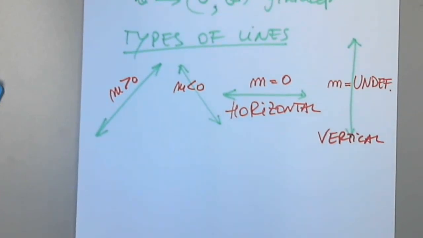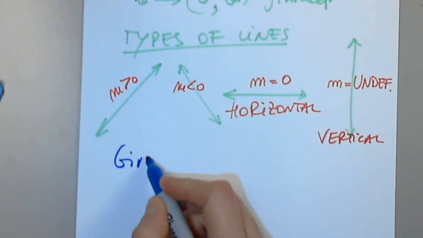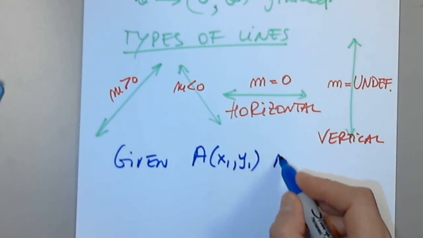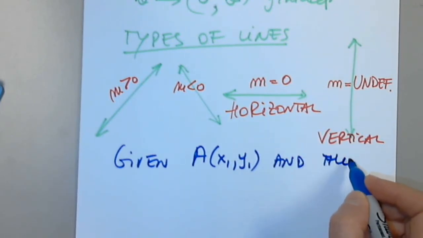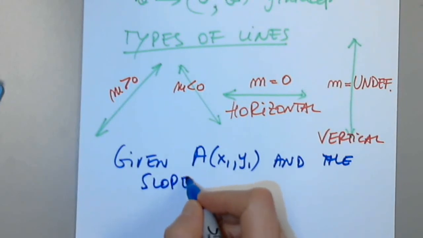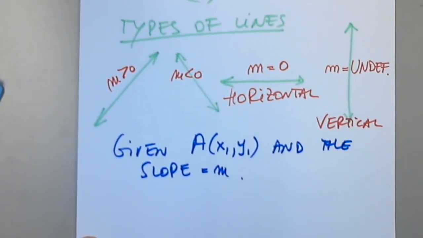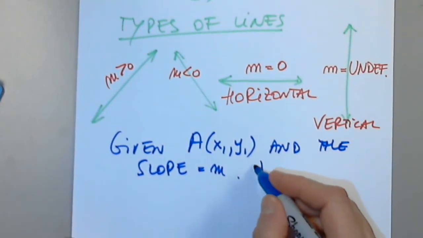What if I'm given a point? Let's say point A, x1 comma y1, and the slope. Given a point and the slope, find the equation of the line.